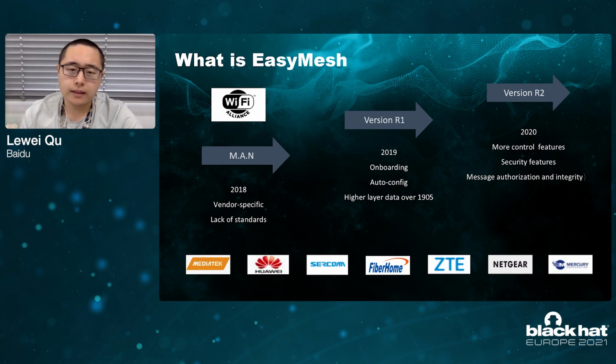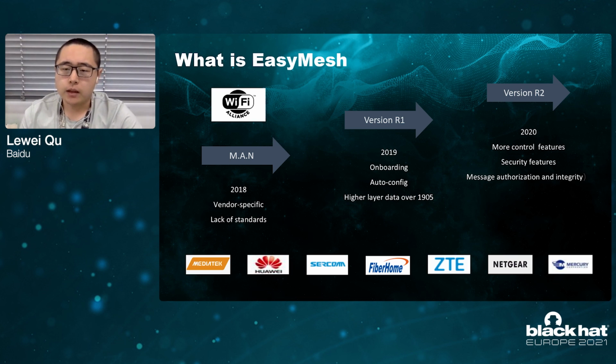So in 2019, Wi-Fi Alliance designed EasyMesh R1, which introduces onboarding and auto-config. It also claims to use 1905.1a control protocol to implement most of the functions of Wi-Fi mesh network control. In 2020, Wi-Fi Alliance upgraded EasyMesh from R1 to R2.